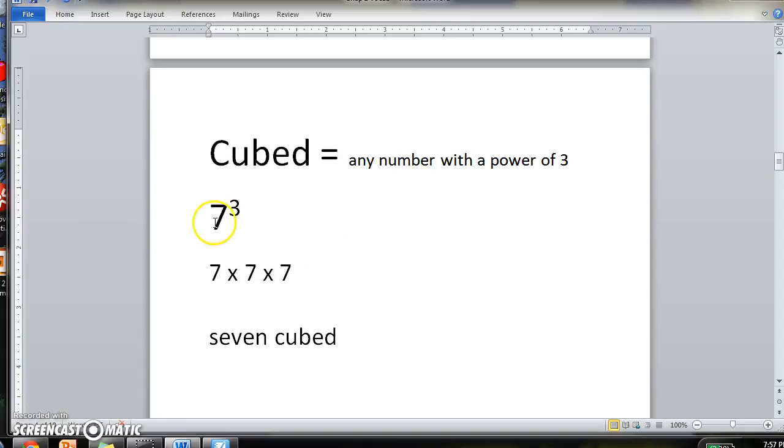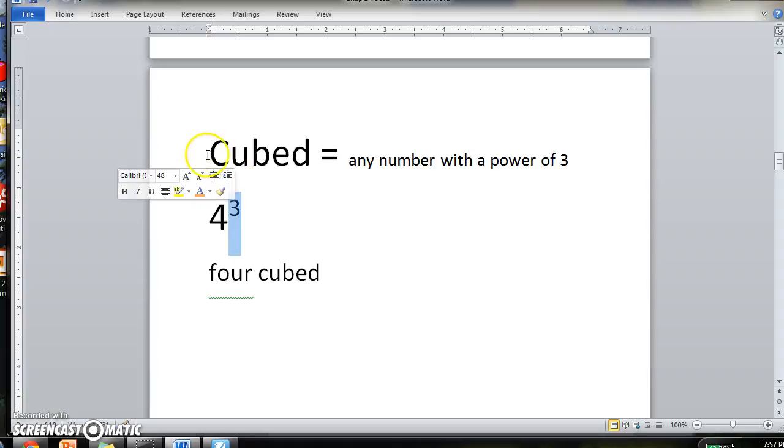If I were to take this number and change it to 4, I would change this to 4 times 4 times 4, or 4 cubed, and here's how I would write it. 4 cubed.